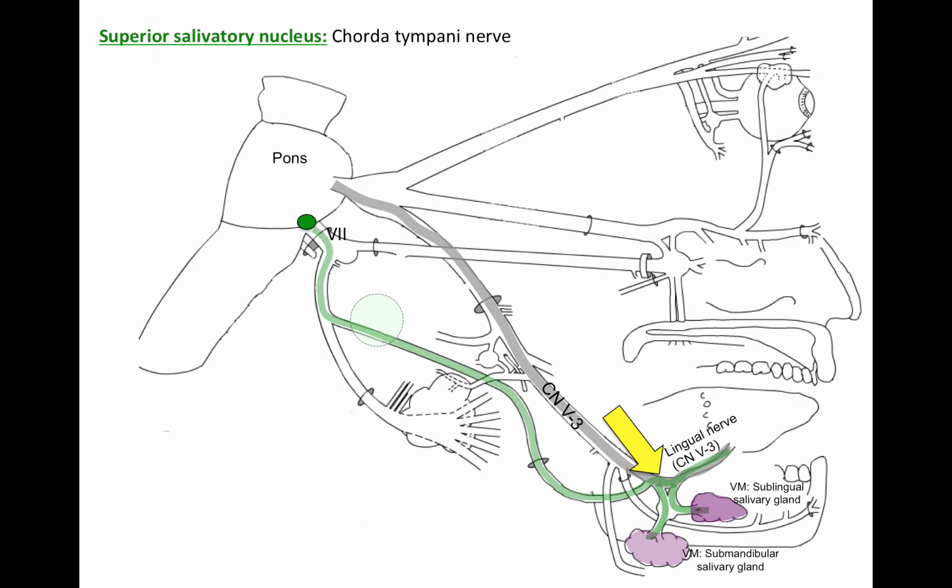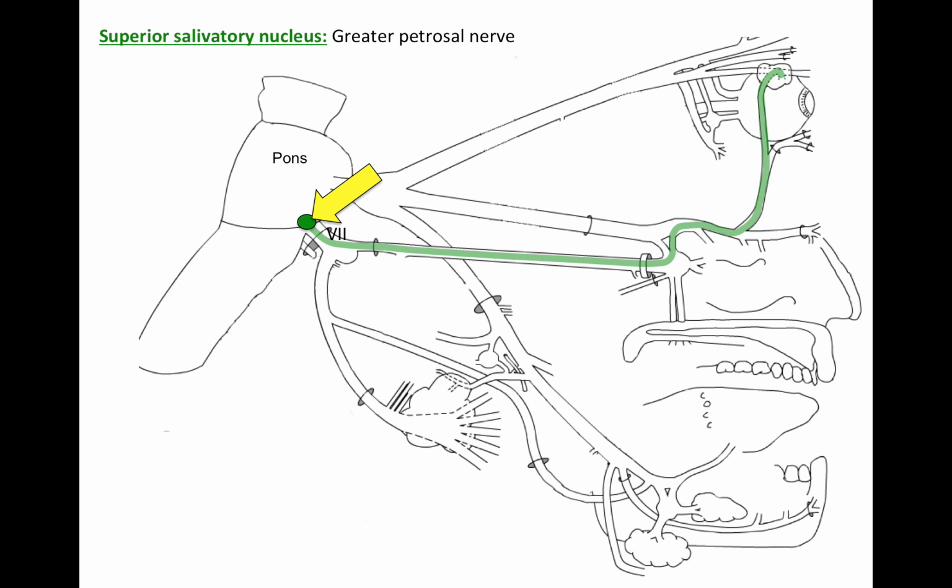And there we have a synapse that happens in the submandibular ganglion, which I'm sorry I didn't label, but that's where the submandibular ganglion is. And then the postganglionic neurons innervate the sublingual and submandibular salivary glands and make saliva.